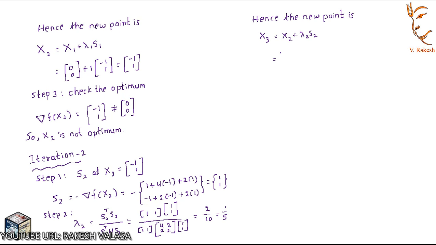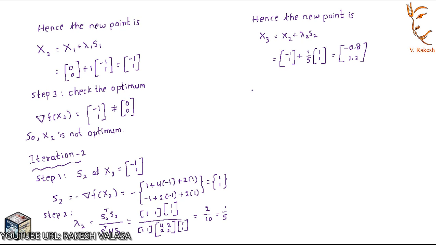Now substitute the values here. x2 value is minus 1 plus 1, lambda 2 is 1 by 5, s2 is 1 1. Now simplify this one, you can get minus 1 plus 1 by 5 into 1, that is minus 0.8, and 1 plus 1 by 5 into 1, that is 1.2. This is the new value.